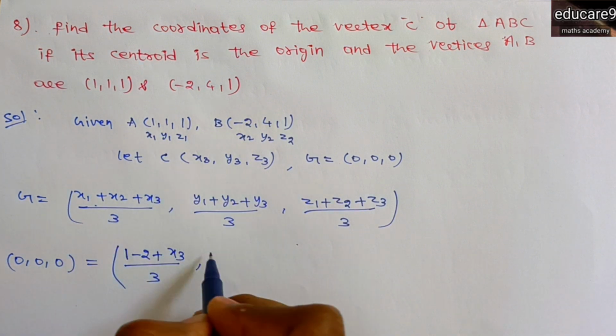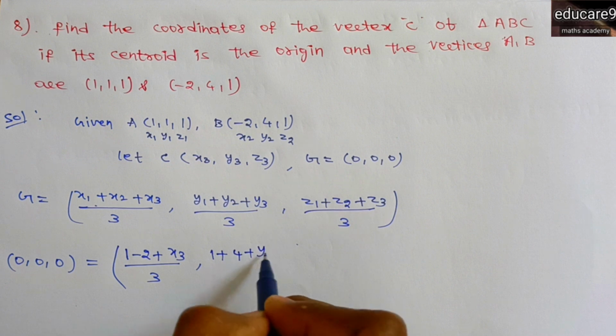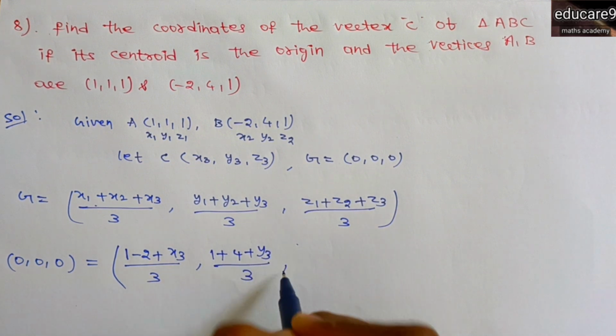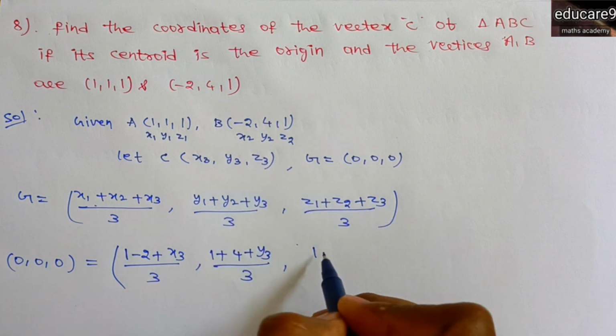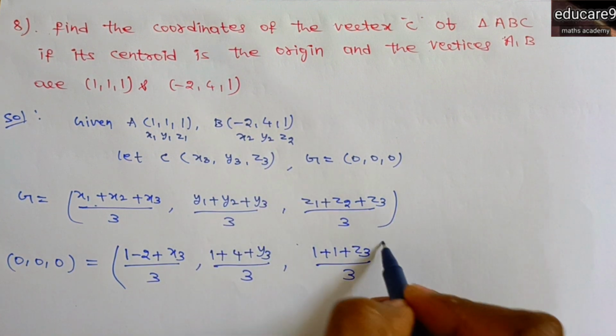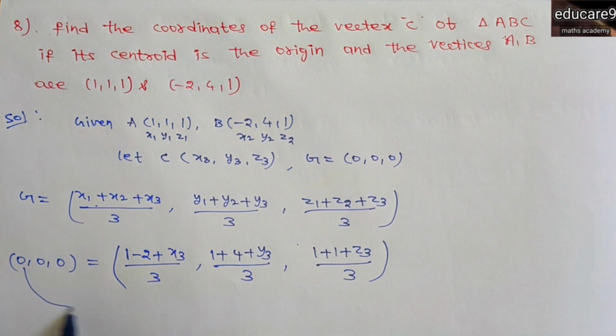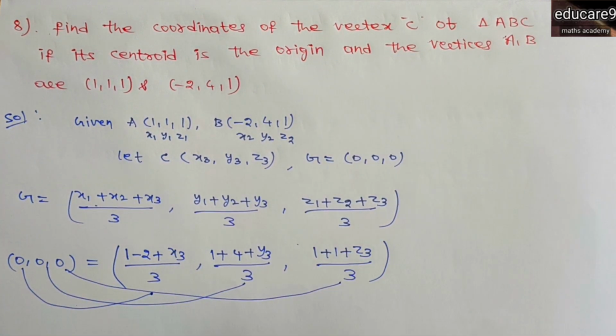Next y1 is 1, y2 is 4, y3 as it is, by 3. Next z1 is 1, z2 is 1, z3 as it is, divided by 3, and equating the x coordinate, y coordinate as well as z coordinate.